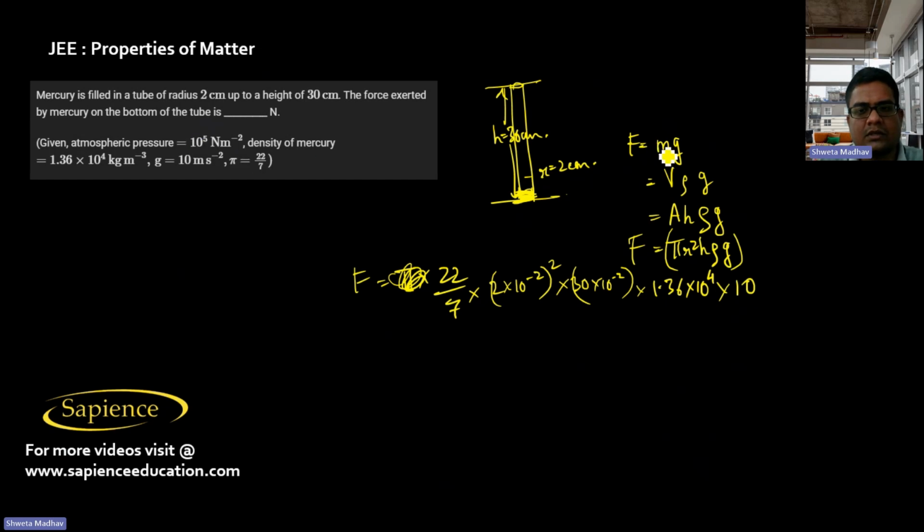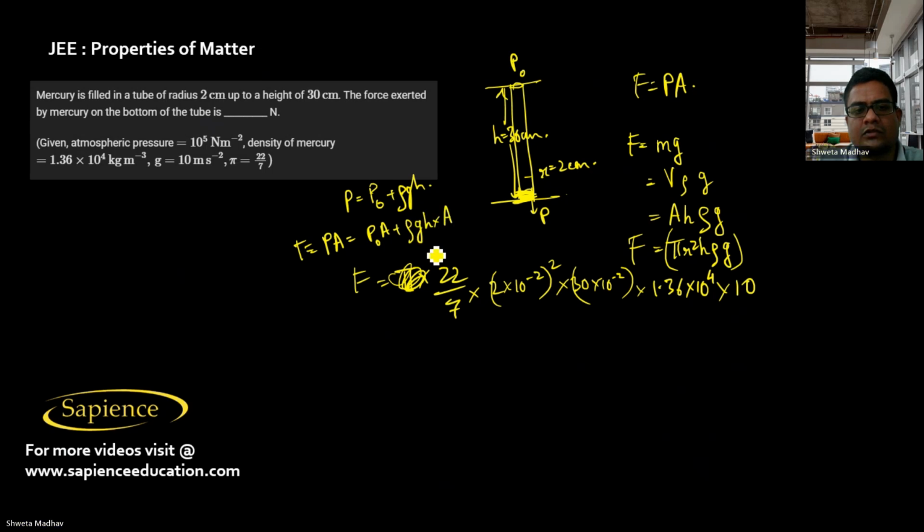So here actually the force exerted will be equal to the pressure into the area, and pressure here will be equal to P naught plus rho gH. So force will be equal to pressure into area, which is P naught into A plus rho gH into A, equal to P naught plus rho gH into pi r square.